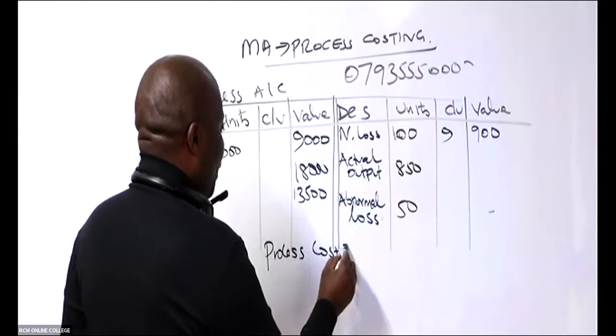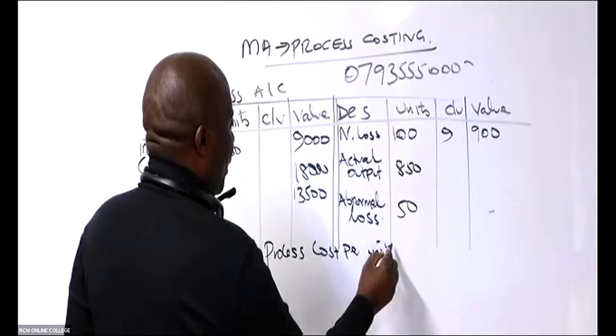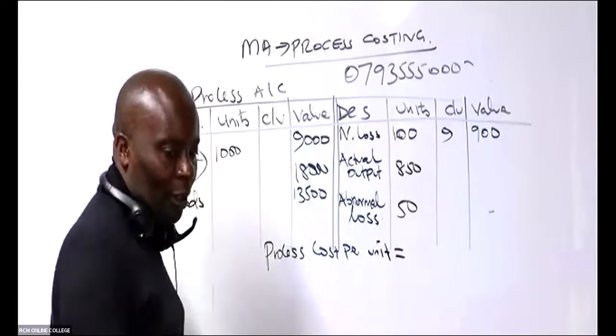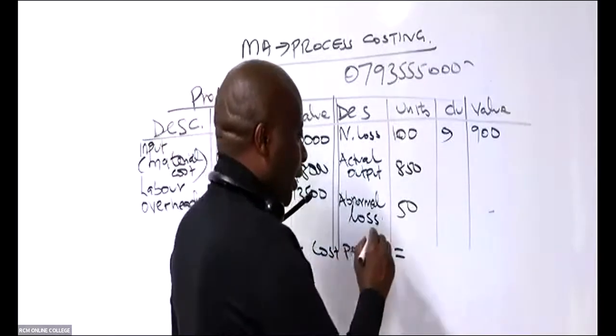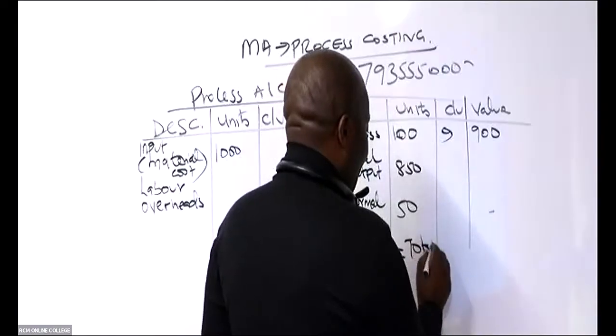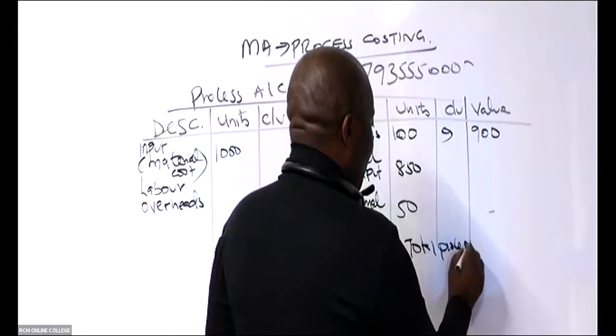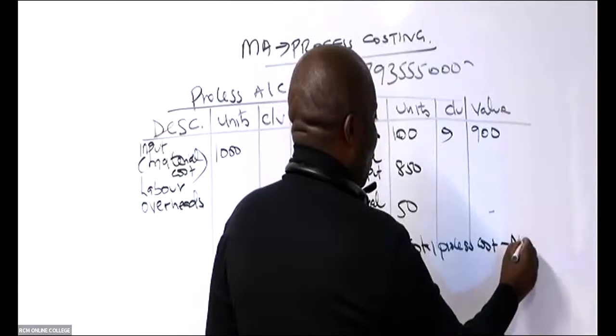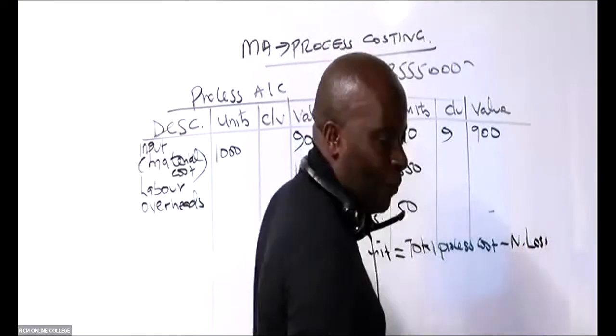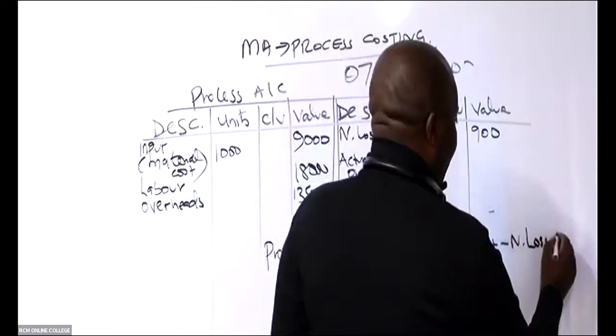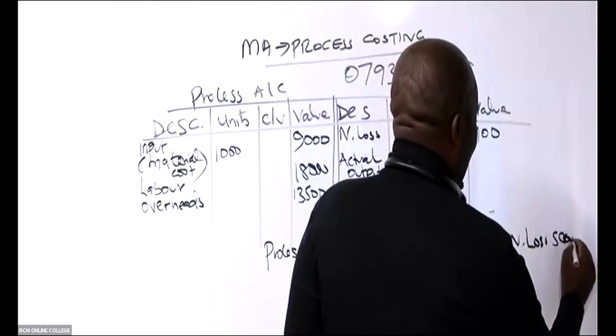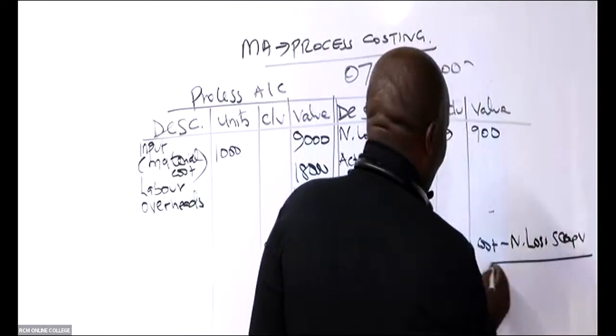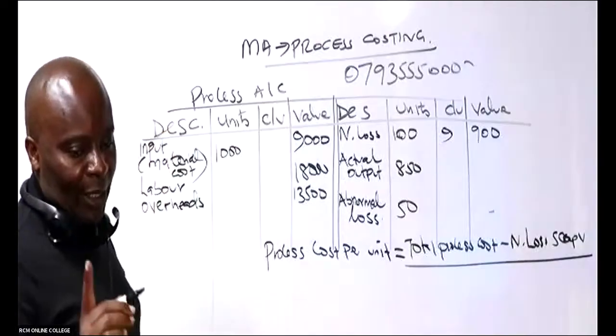Process cost per unit. I'm able to remember this very well. We said we take the total process cost minus normal loss scrap value, all over, divided by input units minus normal loss units. Please listen.